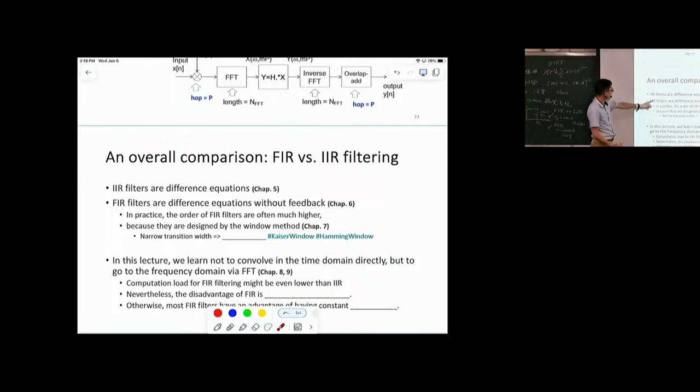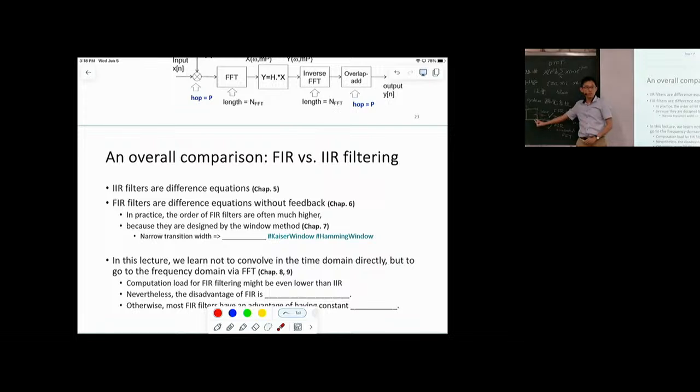And when we look at the reason why FIR filters usually have a higher order, a long length, it is because we design them by the window method. We're keeping the middle part of that low-pass filter impulse response, and the longer the merrier. Basically there's a trade-off. If you keep more of the central part, you can narrow the transition width.